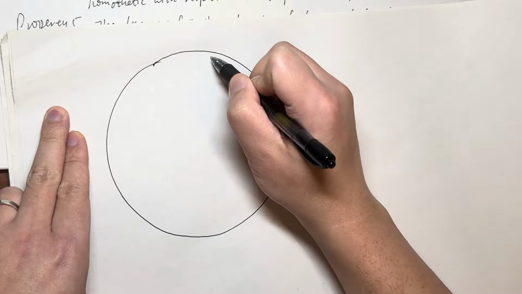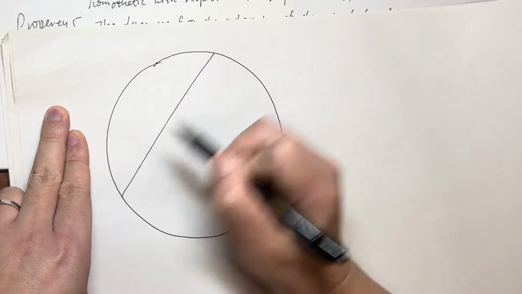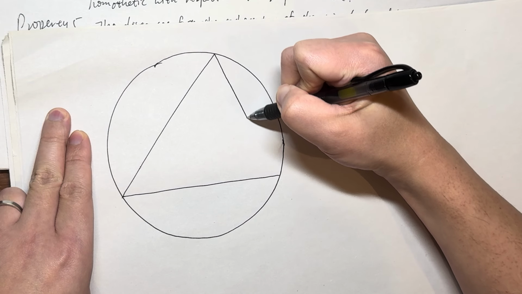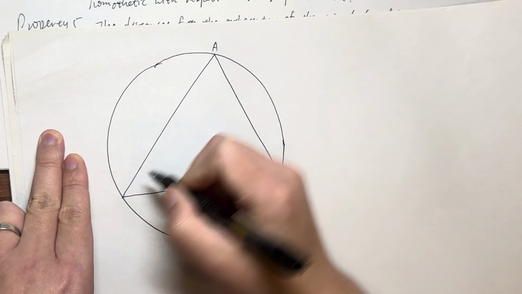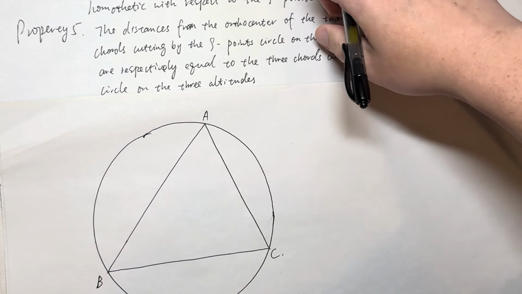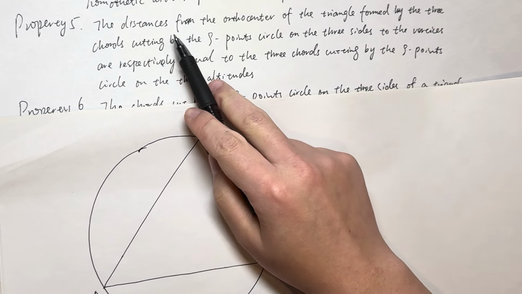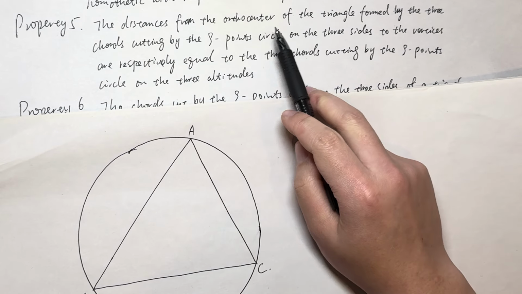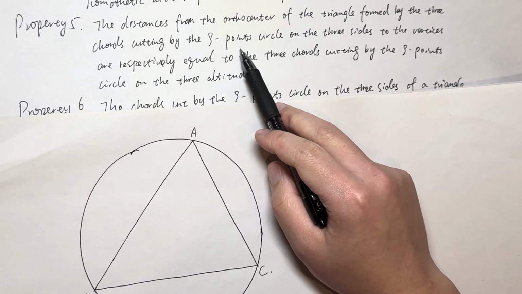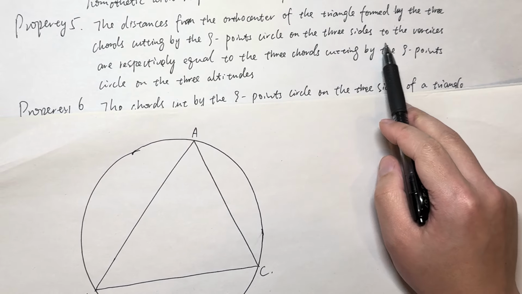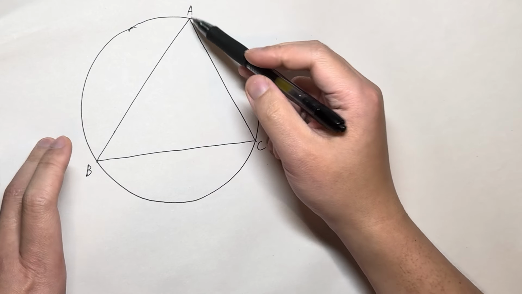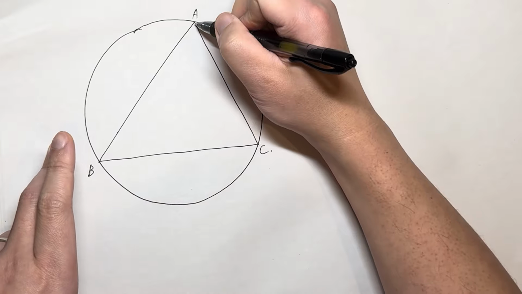Right, we have the triangle ABC here. The question is about the distances from the orthocenter of the triangle formed by the 3 chords cut by the 9-point circle on the 3 sides, right? So we first find the 9-point circle of the triangle ABC.